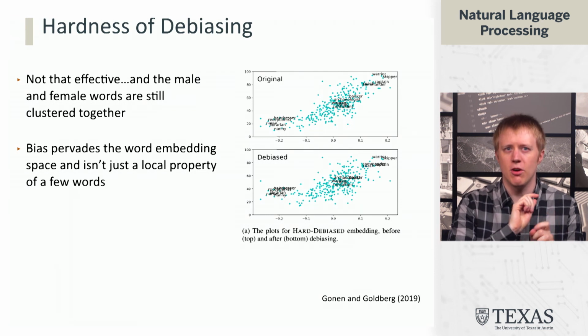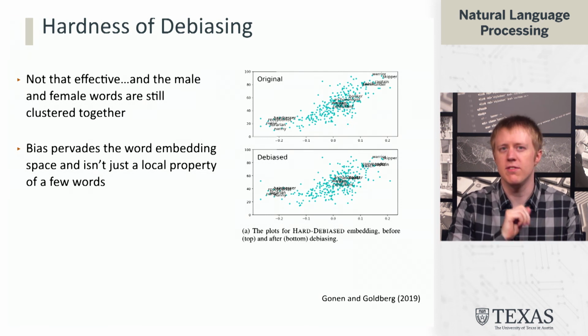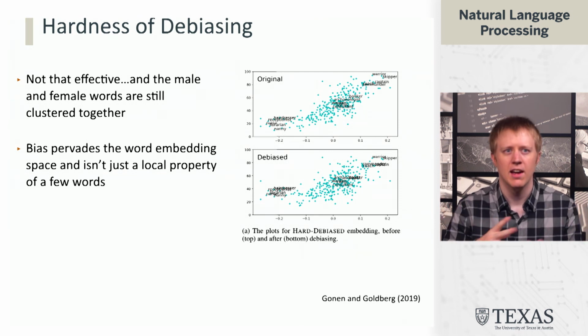And even when you do this process, you still end up with other dimensions of meaning that are reflecting this bias and these differences. And so the bias is not just a local thing that we can get rid of, but instead it's a pervasive property of the space that's very hard to scrub from our data.